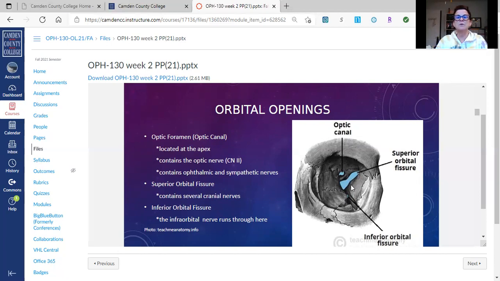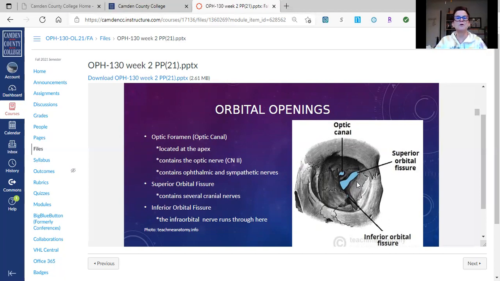And this is where the optic nerve passes through the bony orbit to join the eyeball with the brain. Optic nerve is also known as cranial nerve number 2. We'll get to that in later lectures. But right now I want you to know that the optic canal is the opening for the optic nerve, right? They both have the same name, optic canal, optic nerve, so that should be pretty easy.